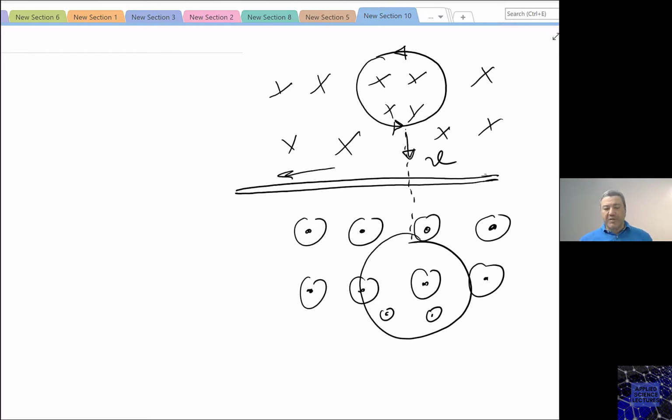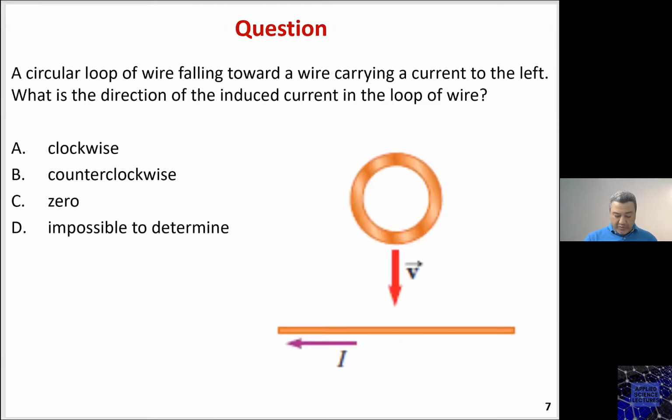So if the magnetic field is decreasing, then we will put our thumb in the direction of the magnetic field, and my fingers will point toward the current. So the current is still going in the same direction, counterclockwise, and the answer to this question would be B.